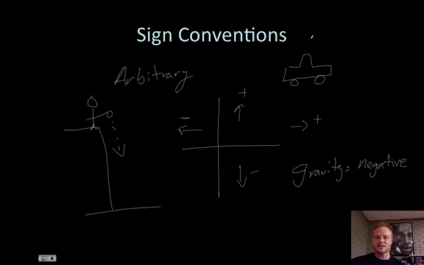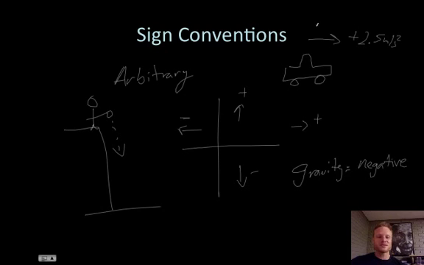Let's say I have a car that's accelerating to the right, okay? So it's speeding up, heading in the right direction. Typically, you're going to have this be plus, okay? So let's say it's accelerating at 2.5 meters per second squared, and it would be moving right, okay? So accelerating to the right at 2.5 meters per second squared.